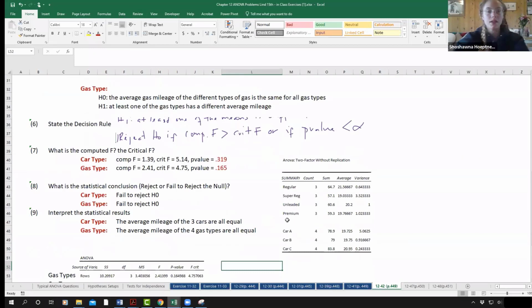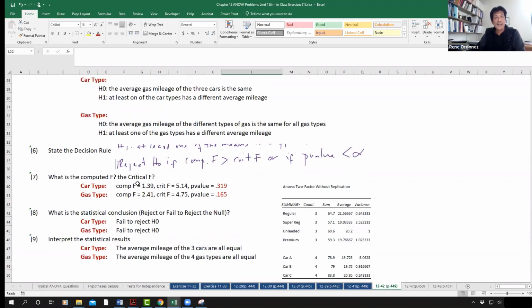So what does it mean when those results are different, like it was in the last problem? What do you mean the results are different? What do you mean if the null hypothesis is rejected? Well, just in comparison from the factors. So the car type would be the same, but then the gas type would be different. No, the gas type is also, in terms of the mileage, the same.